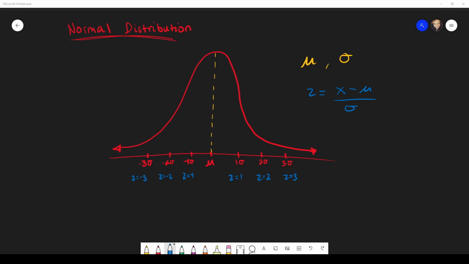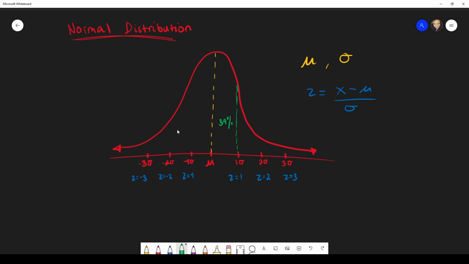The empirical rule for a normal distribution is approximately this: if your data is one standard deviation above the mean, the percentage of the data within that one standard deviation is 34%. That's what the empirical rule tells us.